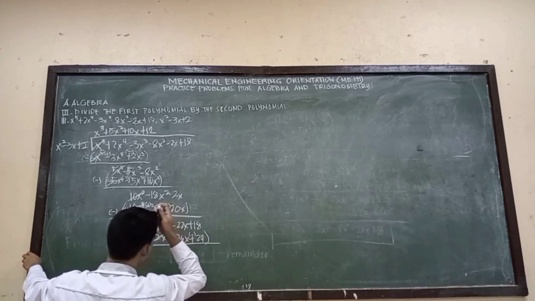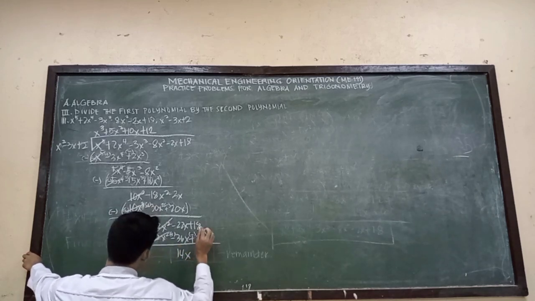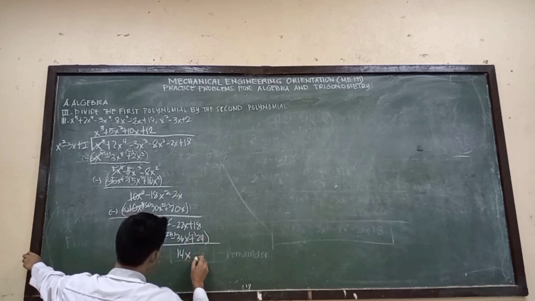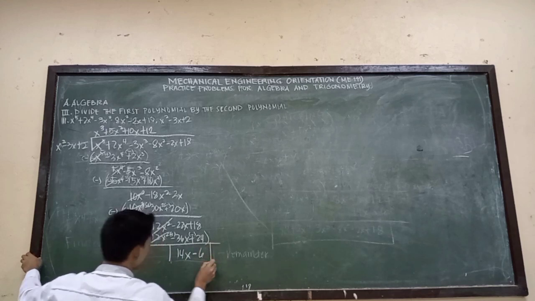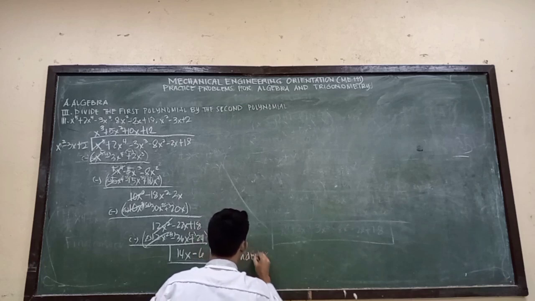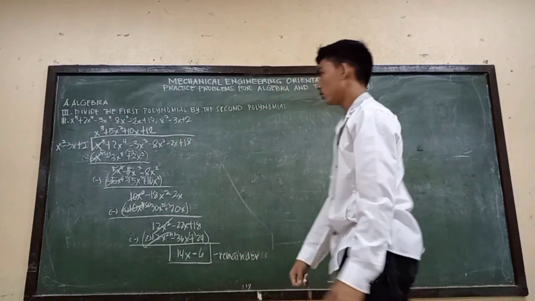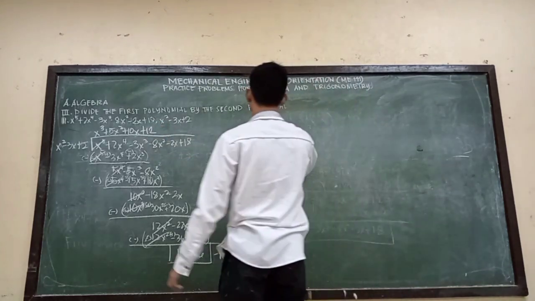Cancel. Negative 22x minus negative 36x is 14x. 18 minus 24 will give us negative 6. So here is our remainder. To check if our answer is correct, we will do the checking.